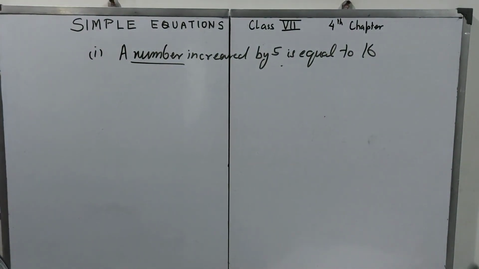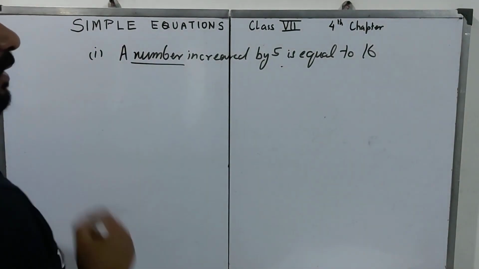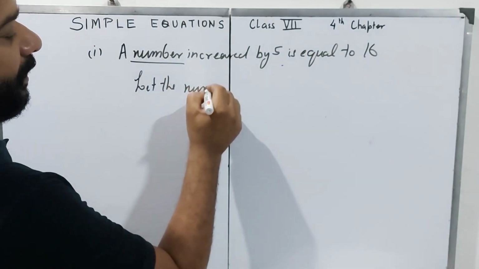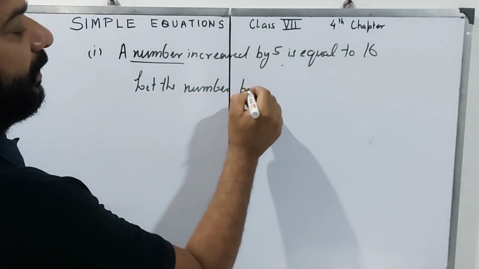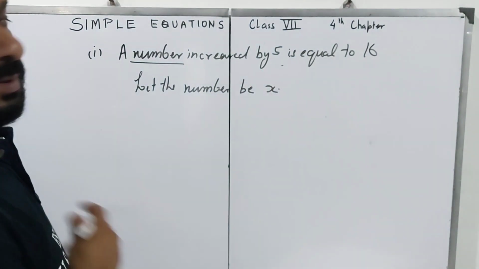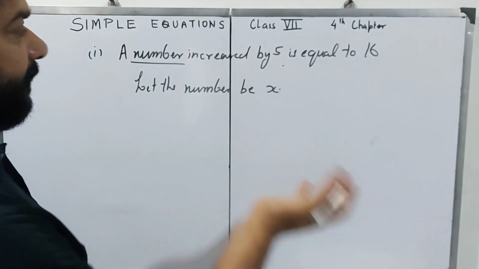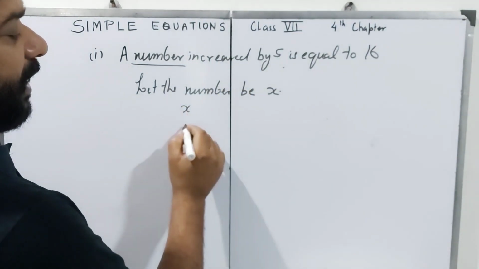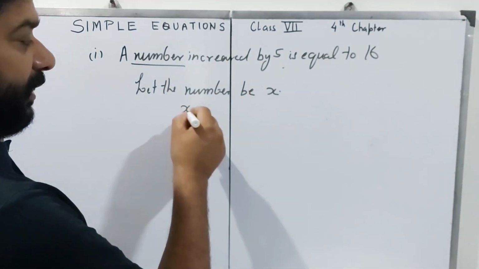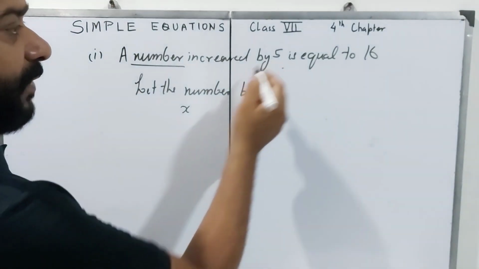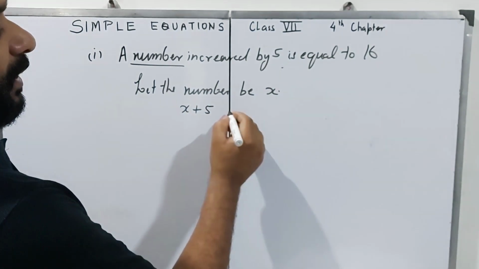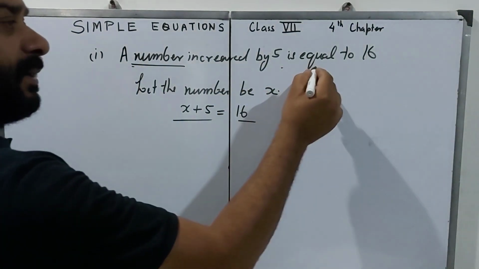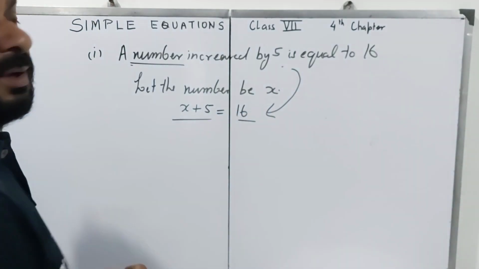Therefore, we will take a variable in place of the number. Let the number be x. Now we form the equation. This number is increased by 5. That means x is the unknown number, I increase it by 5, that means x + 5, and this becomes 16. So x + 5 = 16. This mathematical statement is converted into an equation.